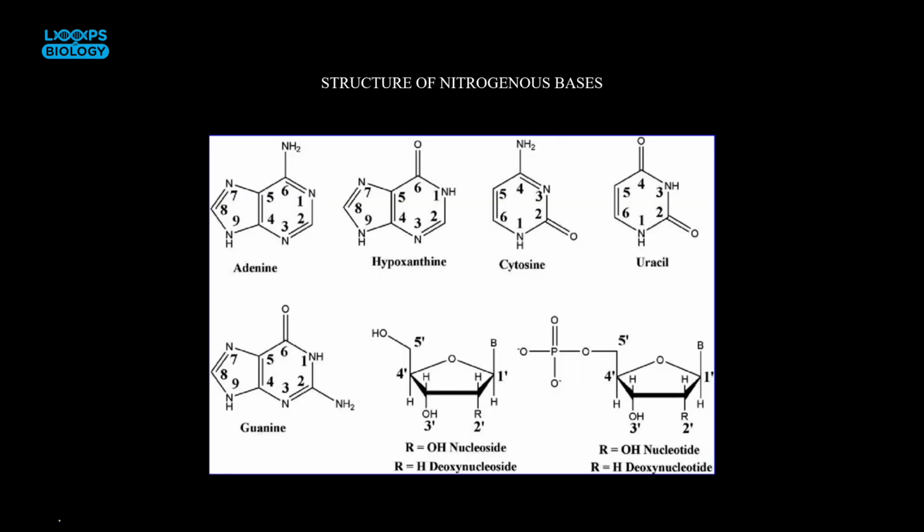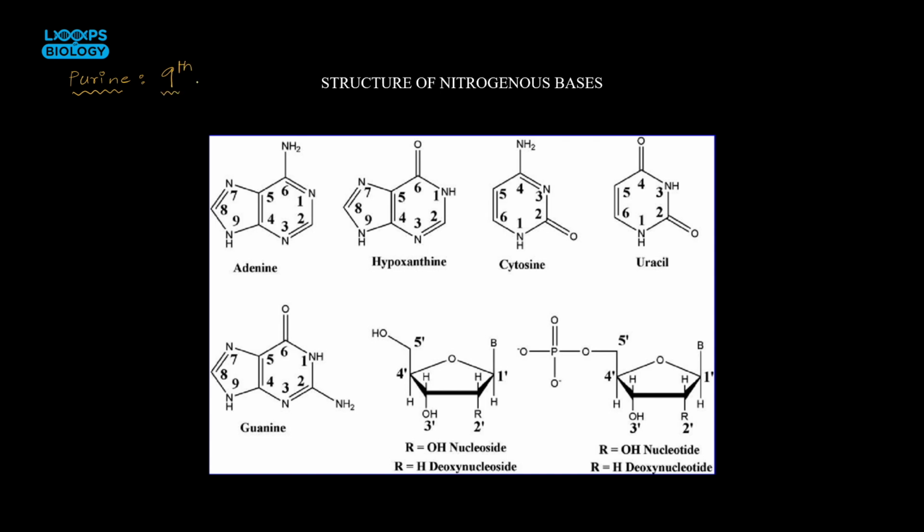Now coming to the structure of these nitrogenous bases and their numbering is quite interesting. So we have to see what is the numbering present inside your nitrogenous base and why is that important. Whenever I am talking about purine attached on a ribose sugar, then it is attaching from ninth position.